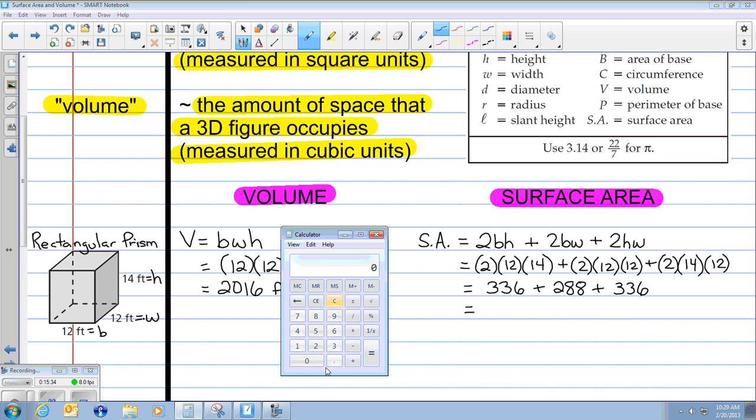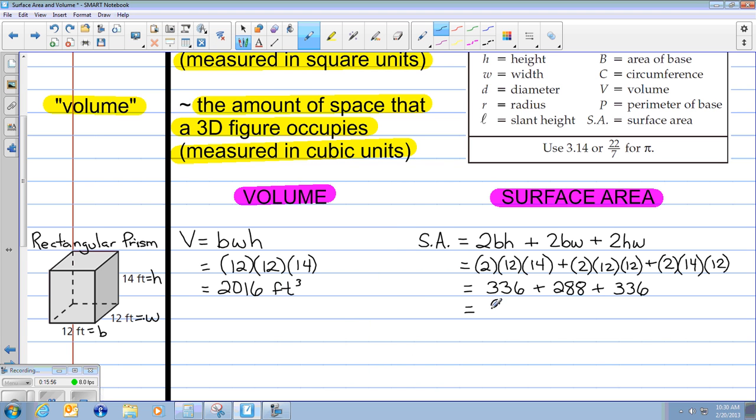Okay, clear. Let's start all over. 336 plus 288 plus 336. There we go. 960. So make sure you're keeping an eye on your calculator and that you're not hitting the button too many times. And that seems like a reasonable answer.